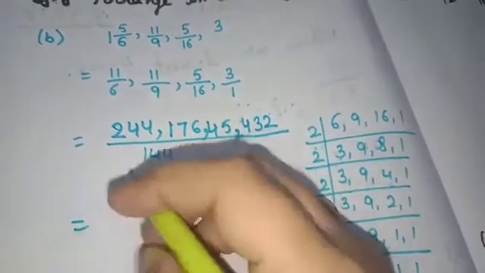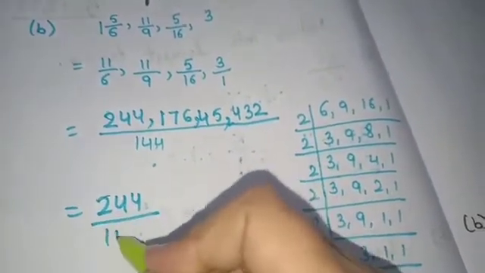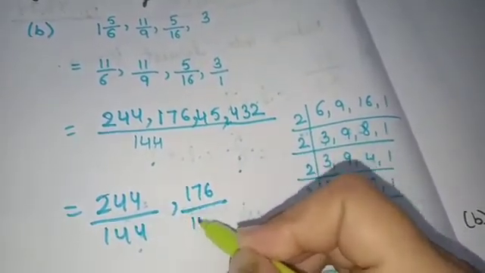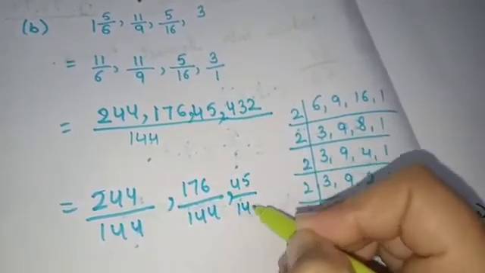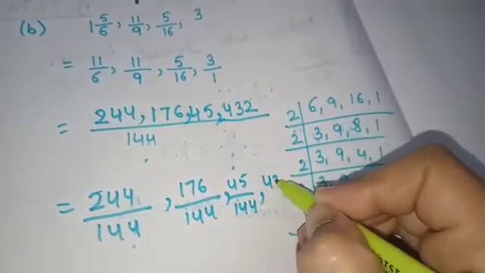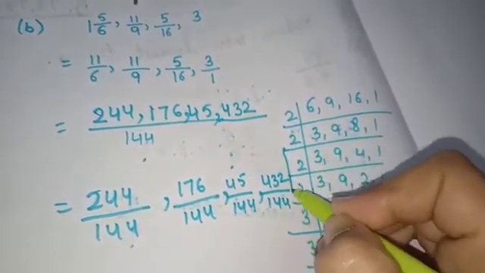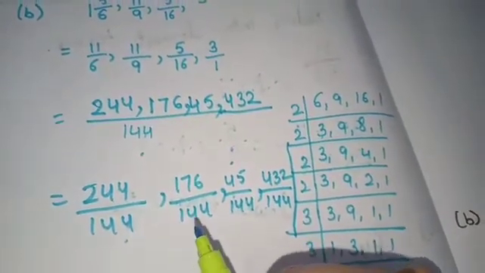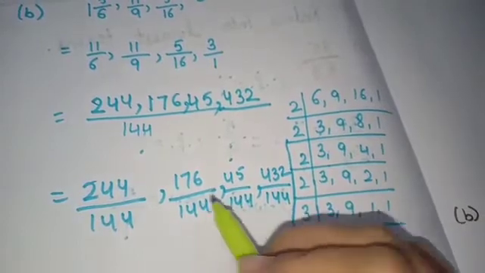Then write the separate fractions: 244 by 144, 176 by 144, 45 by 144 and 432 by 144. Okay, so now to arrange in ascending order, let's start from the smallest one.